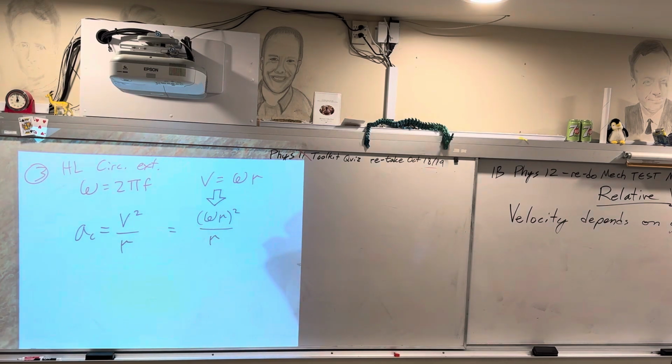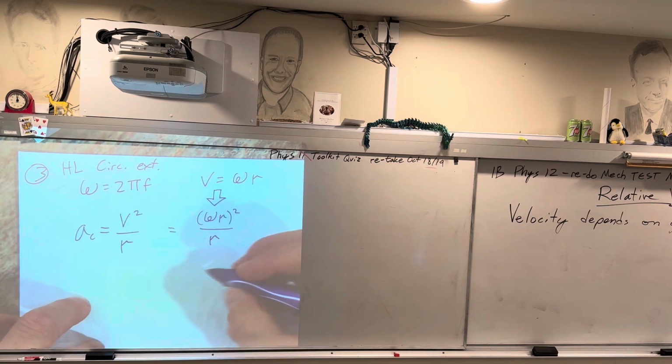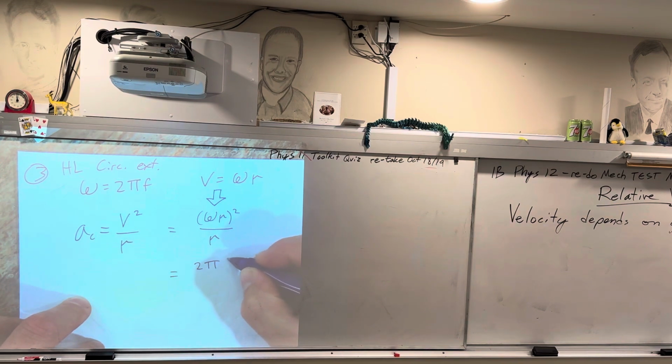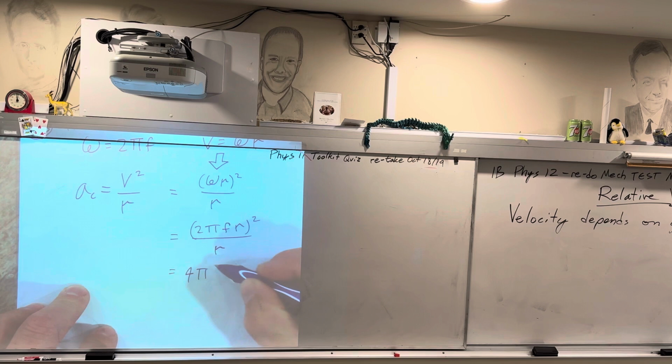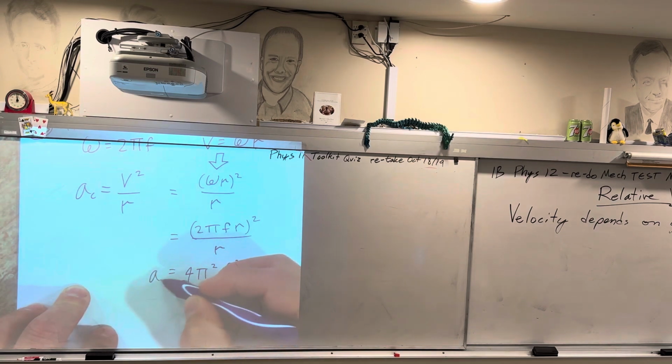Did I do that right? Yeah, that's right. And then if we put the omega in, we can say that's 2 pi f r squared over r. There are multiple ways of doing this. You could get rid of the r first, but so this is going to be 4 pi squared f squared r. Right?